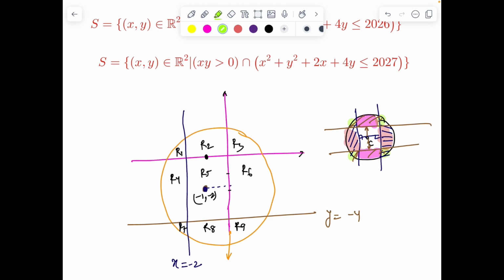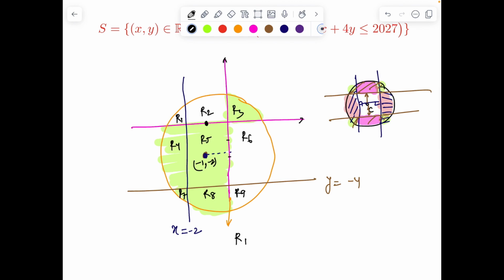So this fundamental property of symmetry I am going to use in this problem. Now, according to our problem, we need to compute the area of the region R3, because it is in the first quadrant, and we have this area in the third quadrant.